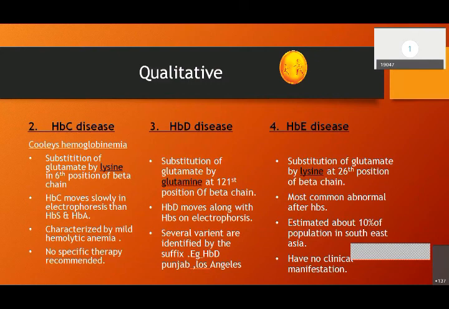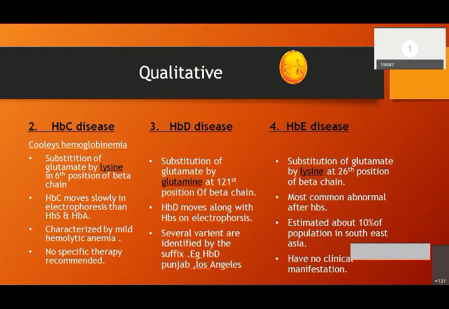Next is HbD disease. In this, there is substitution of glutamate by glutamine at the 121st position of the beta chain. HbD moves along with HbS on electrophoresis, and several variants are identified by suffix, like HbD Punjab, HbD Los Angeles, etc. The next is HbE disease. In this, there is a substitution of glutamate by lysine at the 26th position.